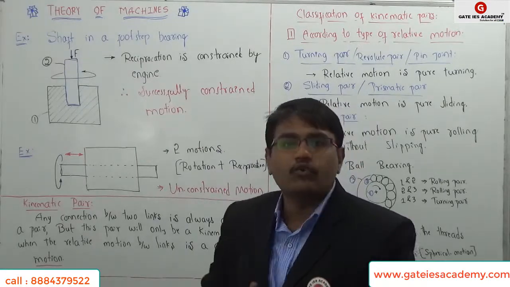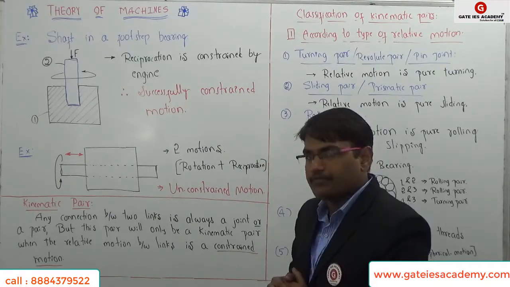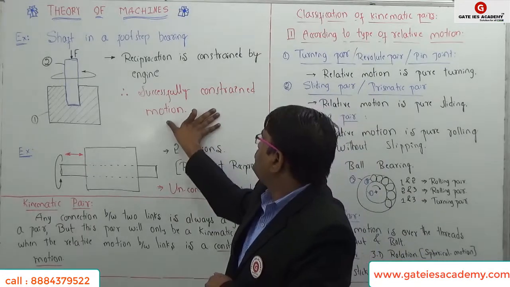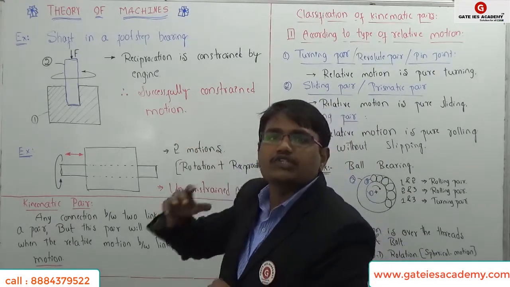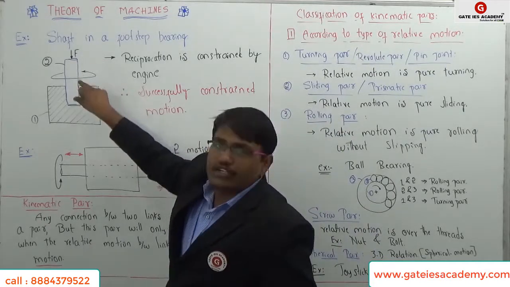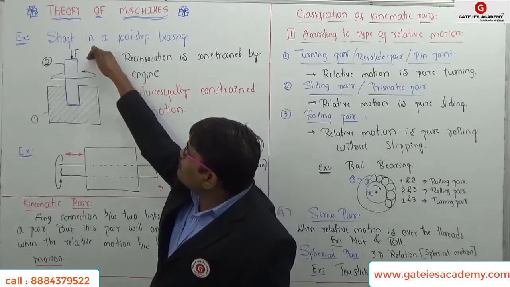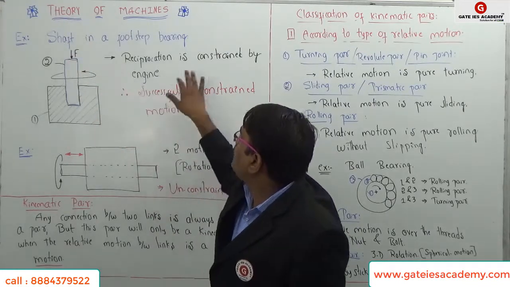Shaft in a footstep bearing. What kind of motion is this one? See here, this is a successfully constrained motion, but why? The reciprocation of this particular shaft is constrained by what? The engine, right?